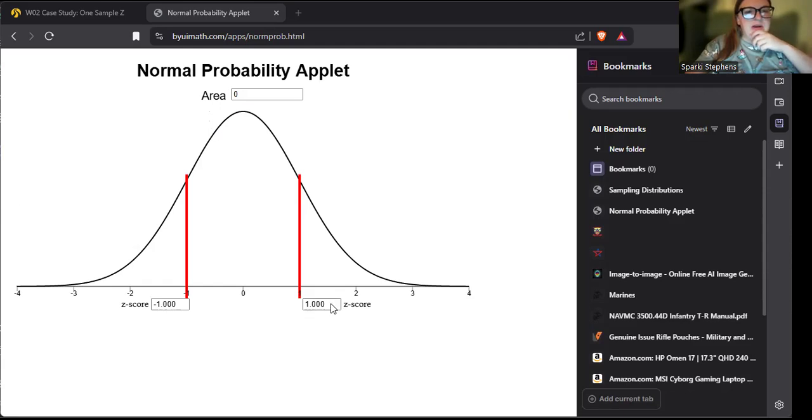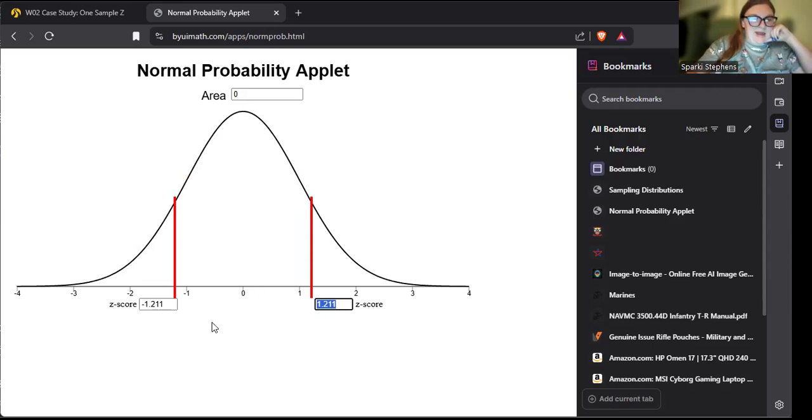So this is where you put your z-score. You calculated your z-score, and that was 1.211, right? Now, because I don't have anything shaded, the area is 0. The quick answer is, if you think it's going to be more than 250, then more than is this tail, the right tail.